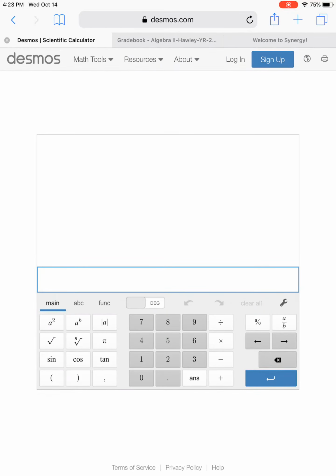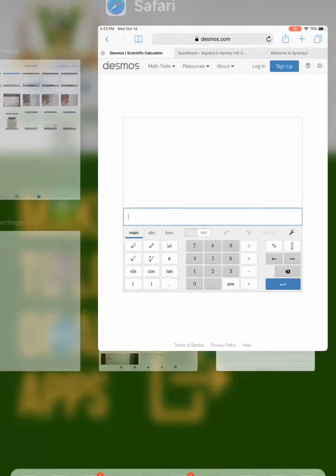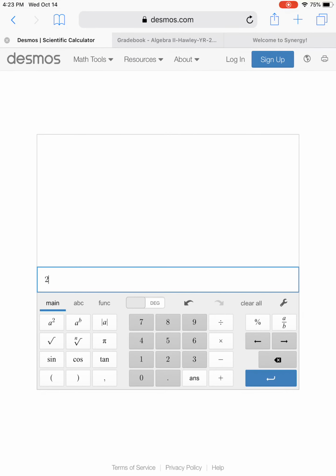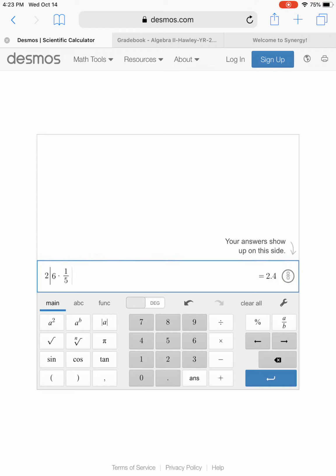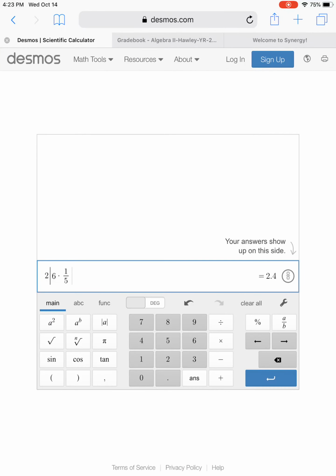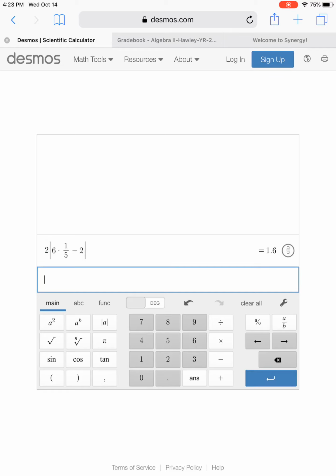So my original, I have my 2 on the outside, absolute value of 6 times 1/5, minus 2. Okay, press enter.